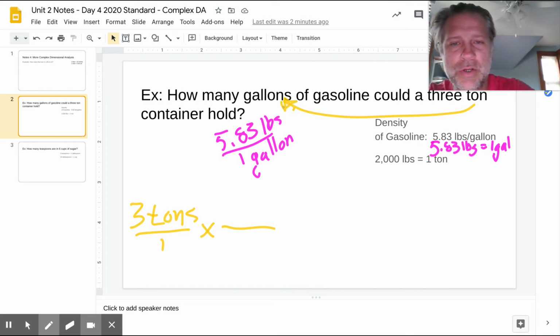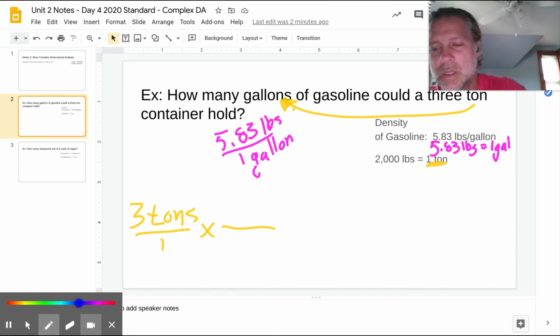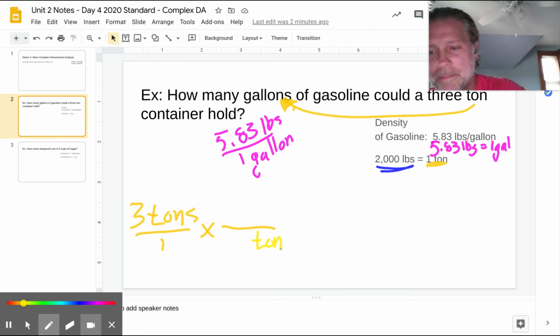So I'm going to use the conversion that I found before and work our way to gallons. I found out that 1 ton is equal to 2,000 pounds. So I'm going to set this problem up so that tons are on the bottom and pounds is on the top.